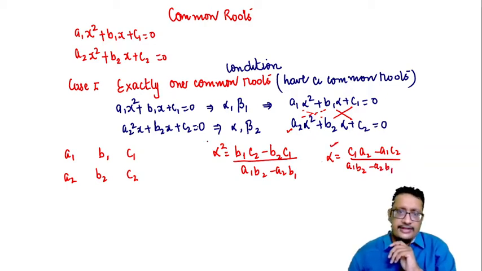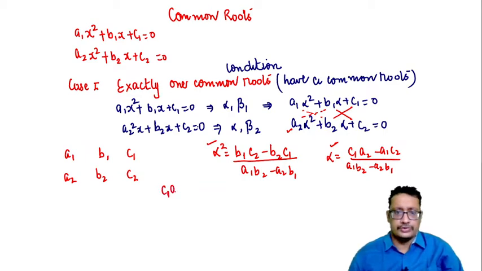See, this is alpha and this is alpha square. If I square this one, c1 a2 minus a1 c2 divided by a1 b2 minus a2 b1 whole square, this becomes alpha square.